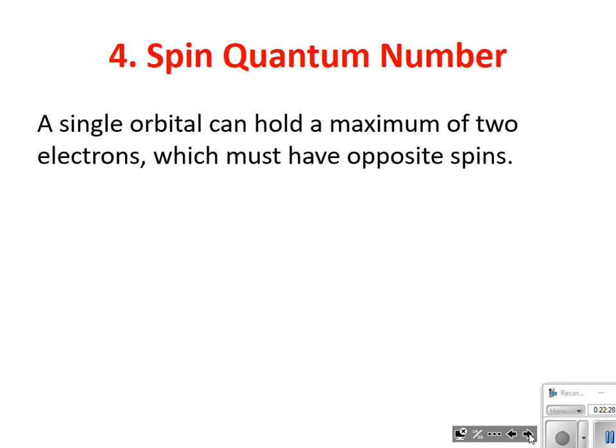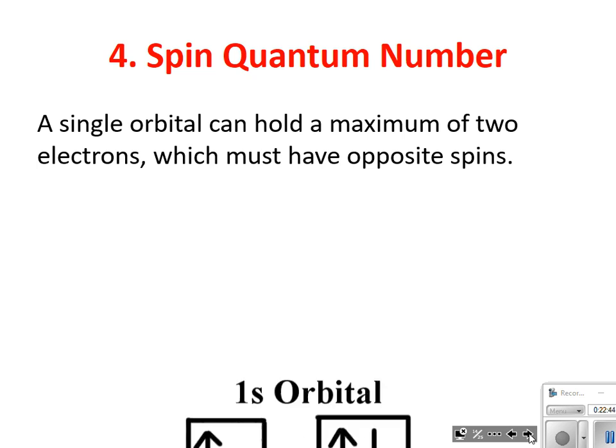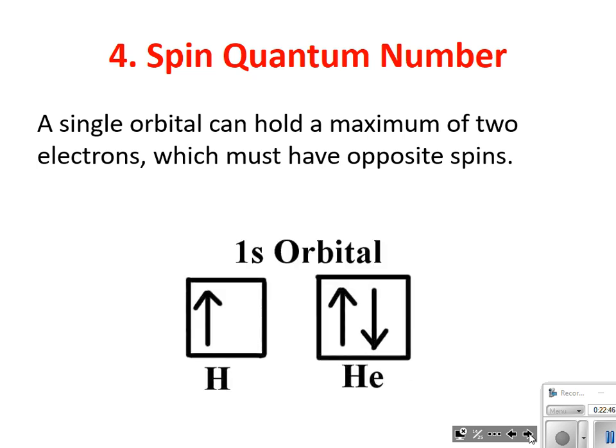A single orbital can hold a maximum of 2 electrons, which must have opposite spins. And I want you to write those 2 things down, those 2 pictures there. We'll talk about them.